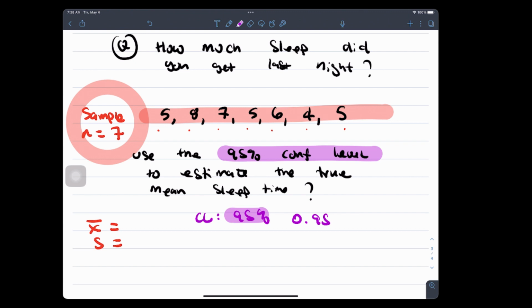Do you guys remember how to get the mean and standard deviation? Did you guys have a test on that? Yes. Is that going to be on your final? Yes. Was that easy to do? Yes.